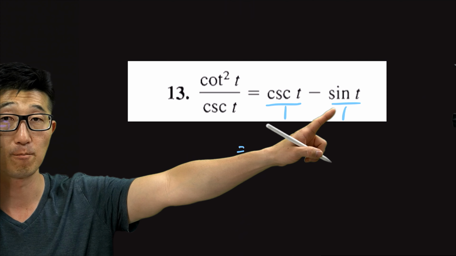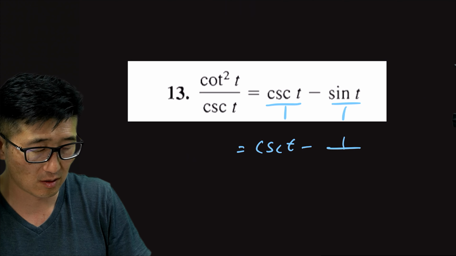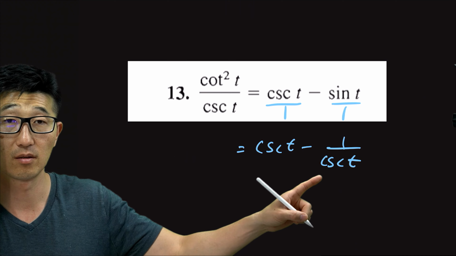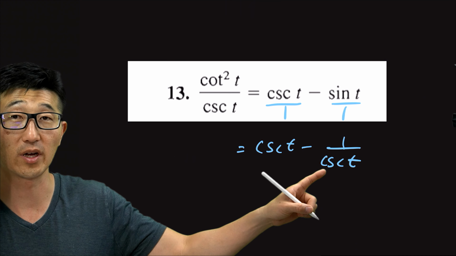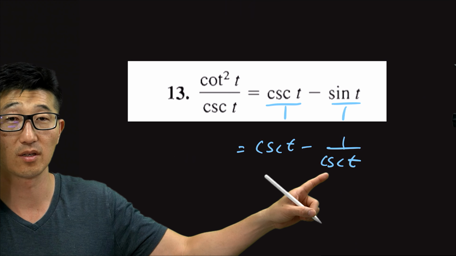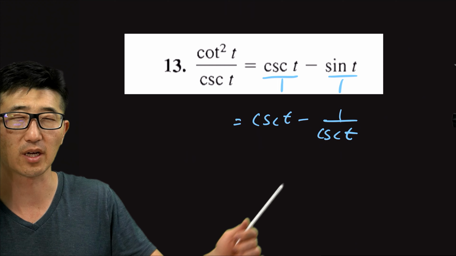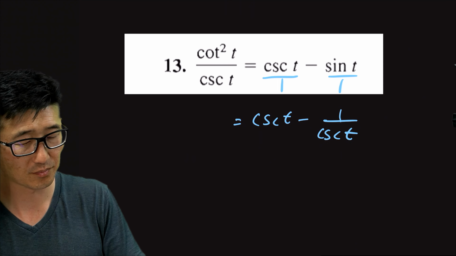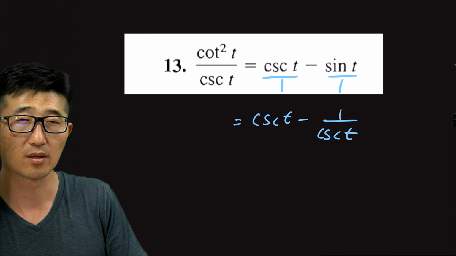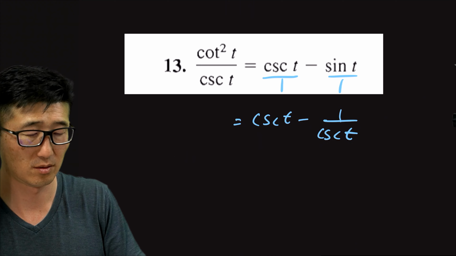The second one. So how would you rewrite it? Rewrite sine t as 1 over what? Okay, sine t over 1. Do you see how I got that? Yes. Okay, so cosecant t times 1 over cosecant.